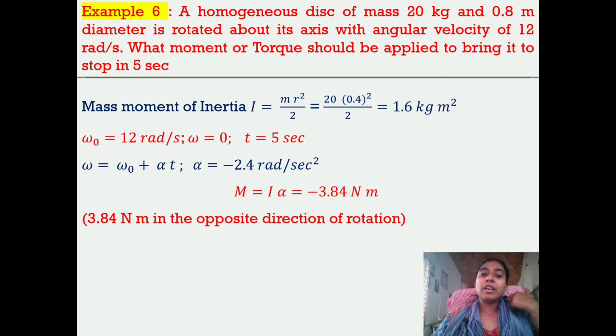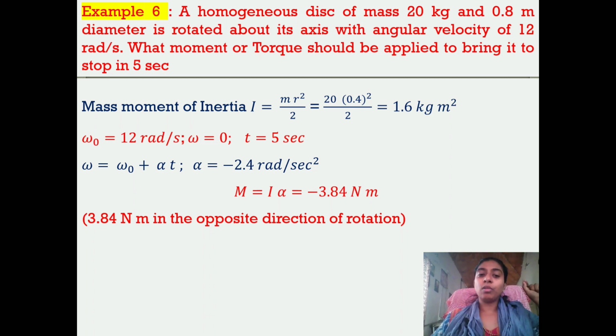Now, the moment or torque that should be applied to bring it to rest in 5 seconds: we know force is equal to mass into acceleration. Here, moment is equal to moment of inertia into angular acceleration. So moment or torque is equal to I alpha.